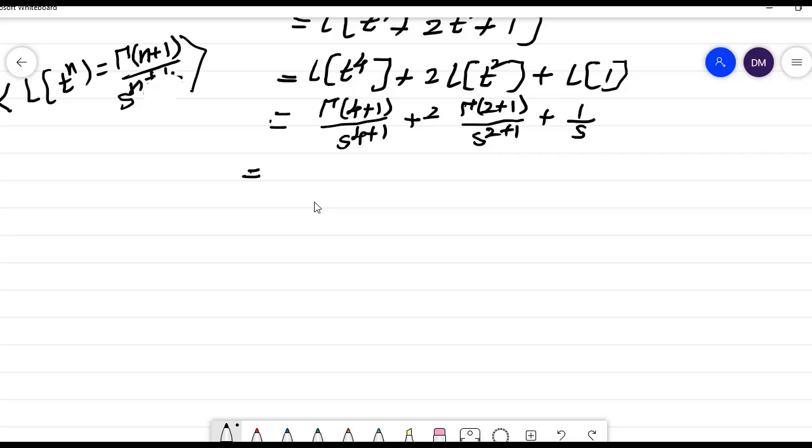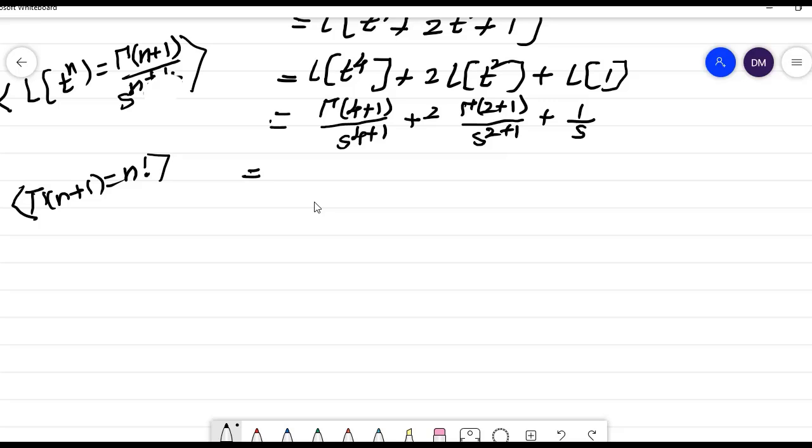Gamma of 4 plus 1 is in the form of gamma of n plus 1. What is gamma of n plus 1 value? It is n factorial. When do we write n factorial? If n is a non-negative integer, then gamma of n plus 1 is n factorial.